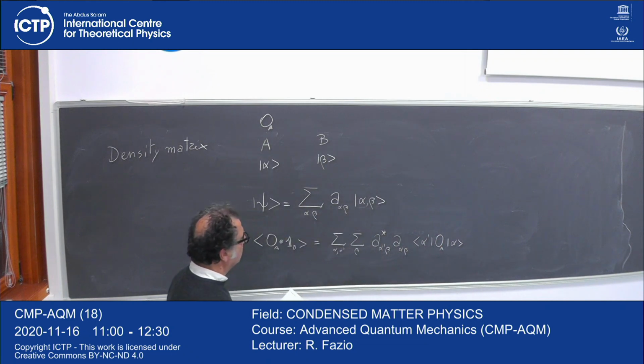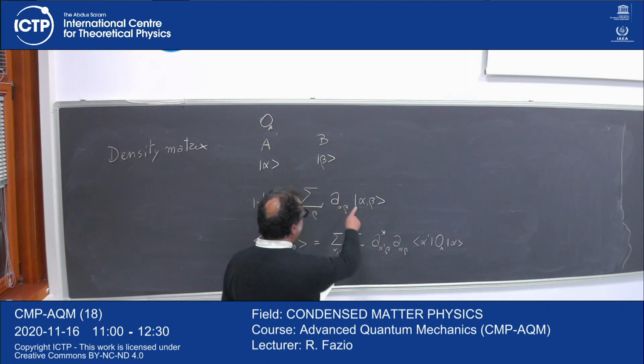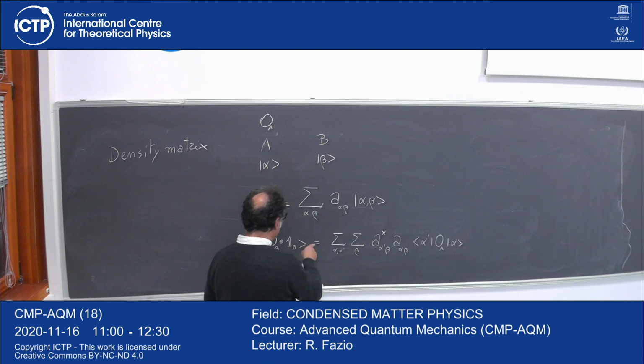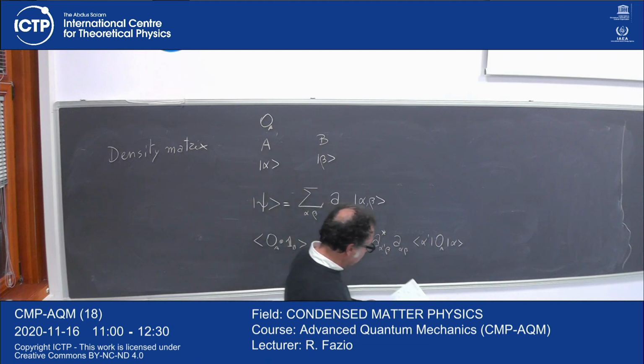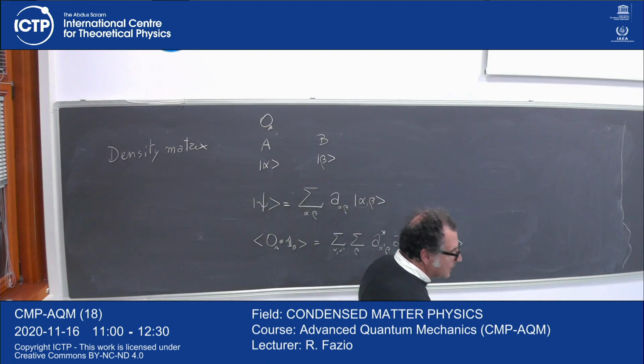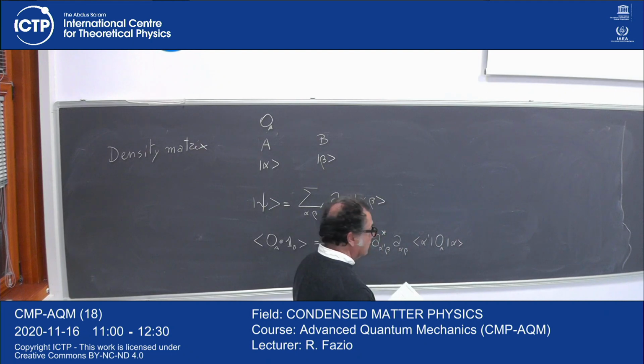This is the result. There is nothing mysterious. You have to put the operator in a sandwich between the states, and you compute this. But there is something very interesting, that is the following.